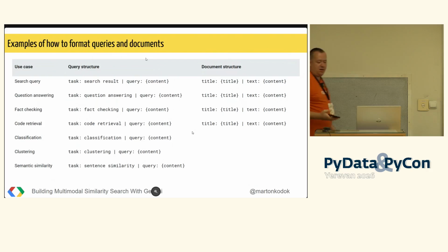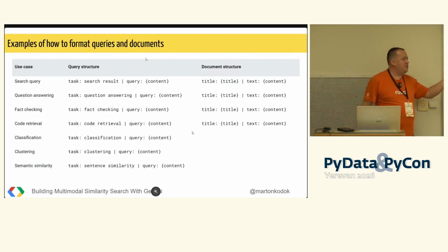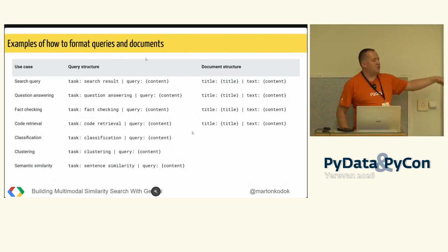So they evolved this into understanding many more concepts. If you are doing search or question answering, fact checking, code retrieval, classification, your inputs need to be created this way. These are the inputs, and that's the query. You can convert the input, and more formats appear for it.